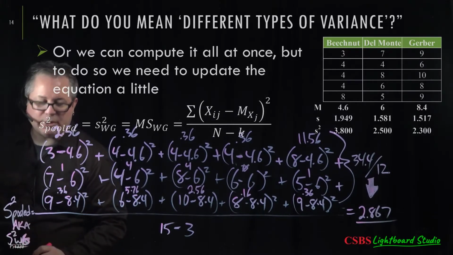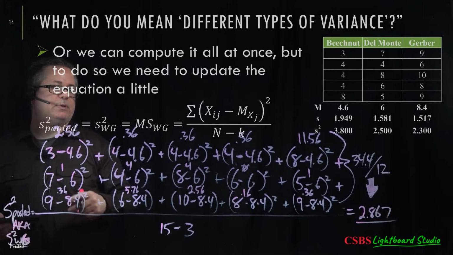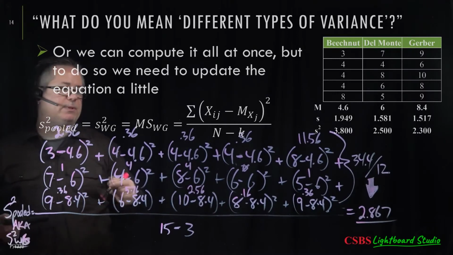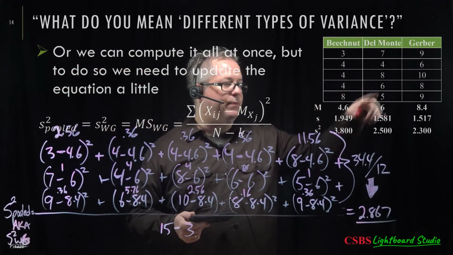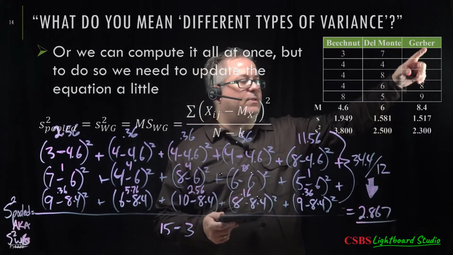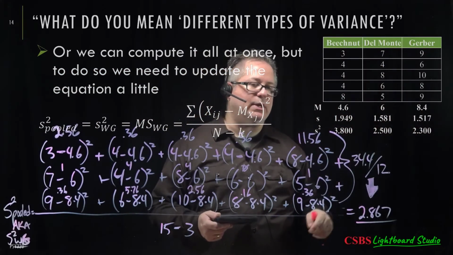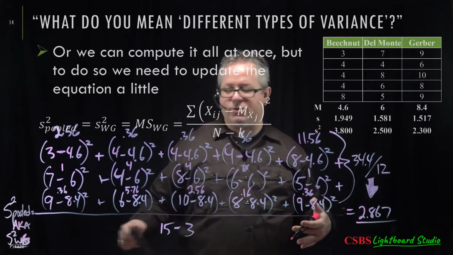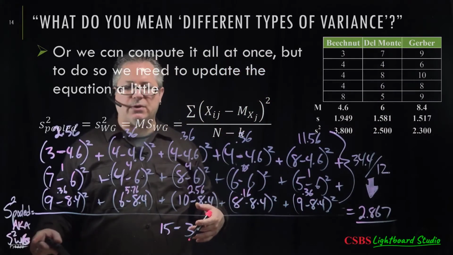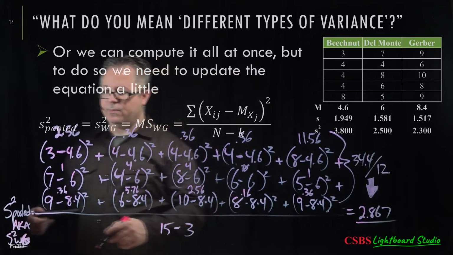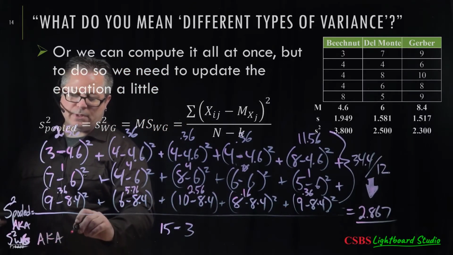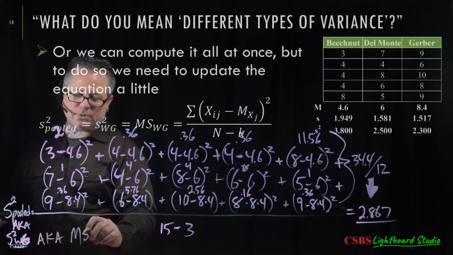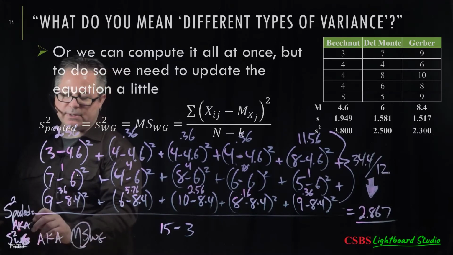The reason why it's called within groups is because the variance within groups is the average variance within each group. So we're taking the variance within this group, the variance within that group, the variance within that group, and we're averaging them. So we're getting an average within groups variance, which is why it's often called the variance within groups, which is also known as the mean square within groups, because mean square and variance mean the same thing.